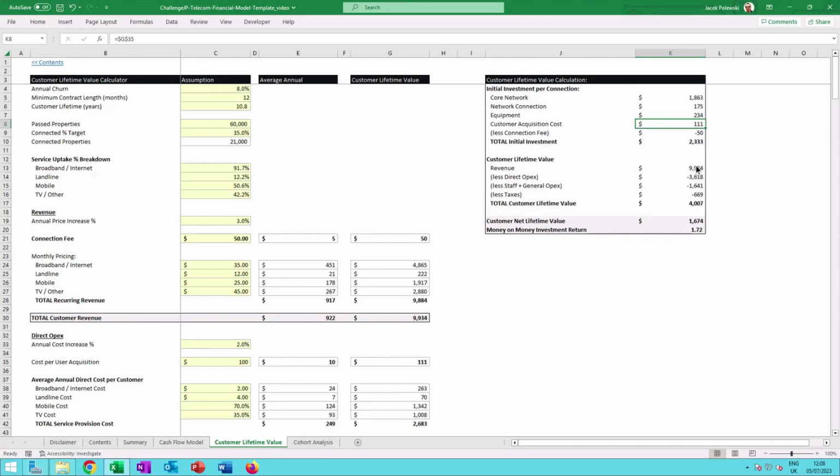And then you have the revenues generated by the customer, any OPEX related to providing the services to the customers when they're using your network, allocations of staff, general OPEX, some taxes, which eventually allows you to calculate that customer lifetime value. So if you deduct from that value the initial investment, this gives you the net figure. And for example, here we can see, okay, what's the return if you look at the money calculation.